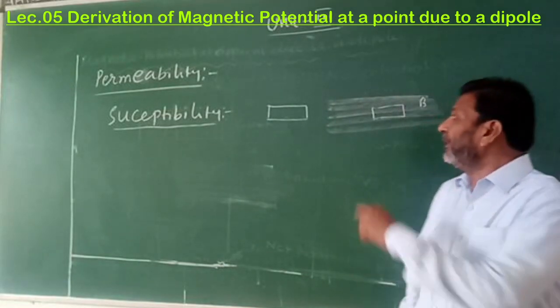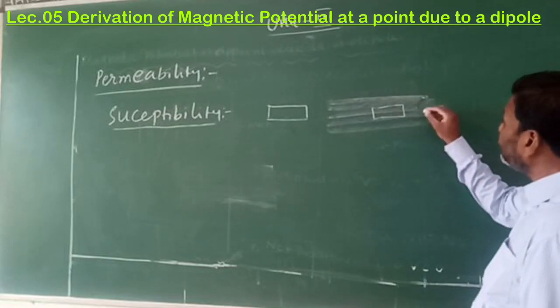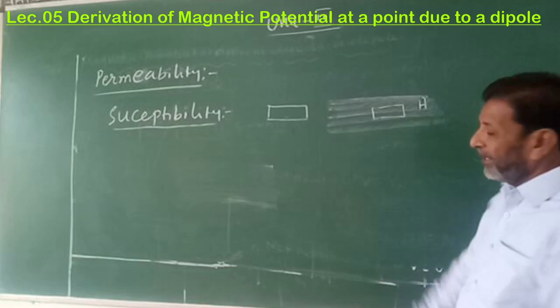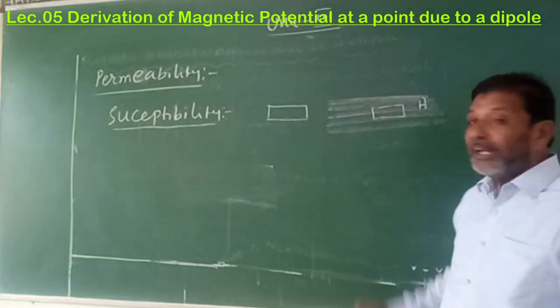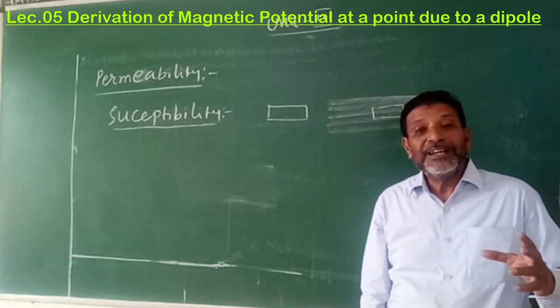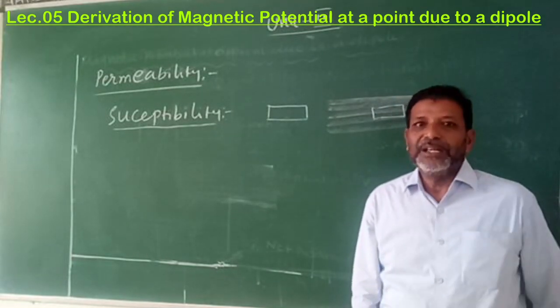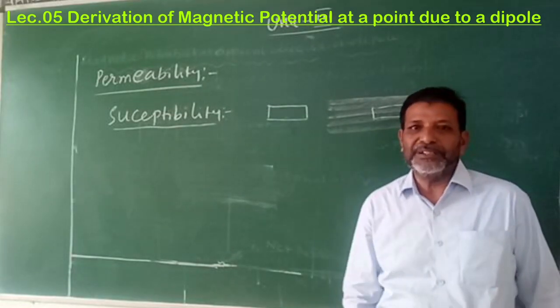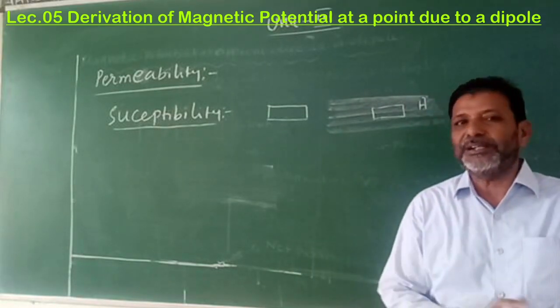One is the applied magnetic field, or sometimes we say the intensity of the applied magnetic field. And second is the nature of the material. Example, iron is very easily converted to a magnet compared to steel, nickel, etc.